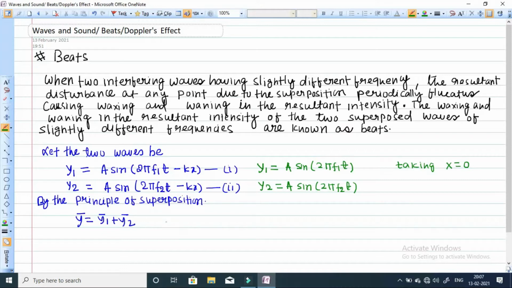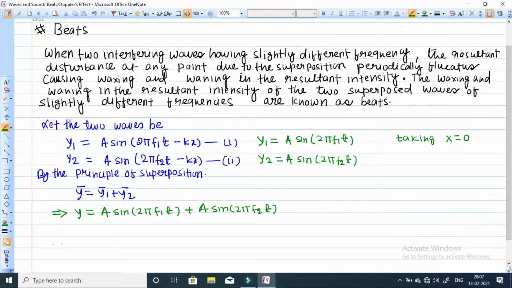Now according to the principle of superposition, we can solve this equation. y will be equal to y1 plus y2, which is a sin 2 pi f1 t plus a sin 2 pi f2 t.